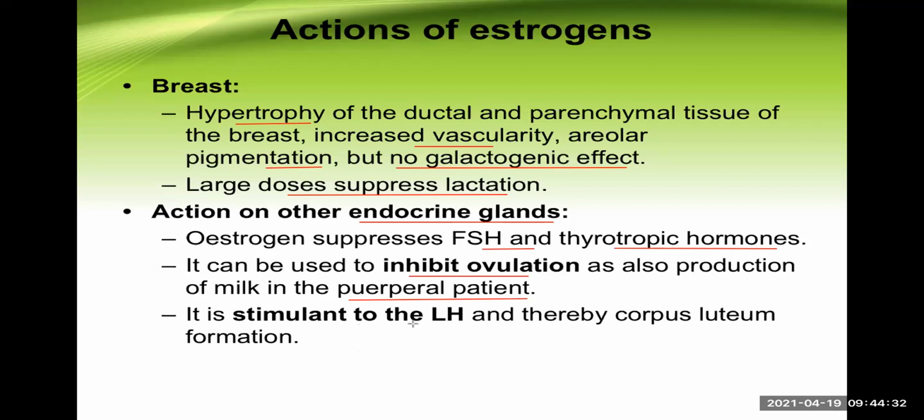It is a stimulant to the LH and thereby corpus luteum formation. Now, this is known as LH surge. Now, the overall effect of estrogen on LH is negative feedback or inhibition, but there is an exception. Near the time of ovulation, it gives positive feedback to the LH release, and that's why it is mentioned here.